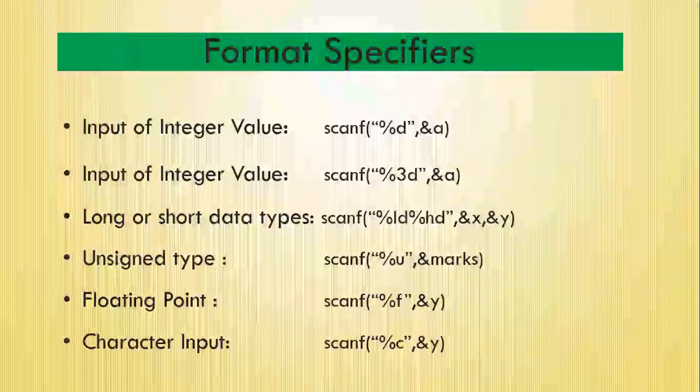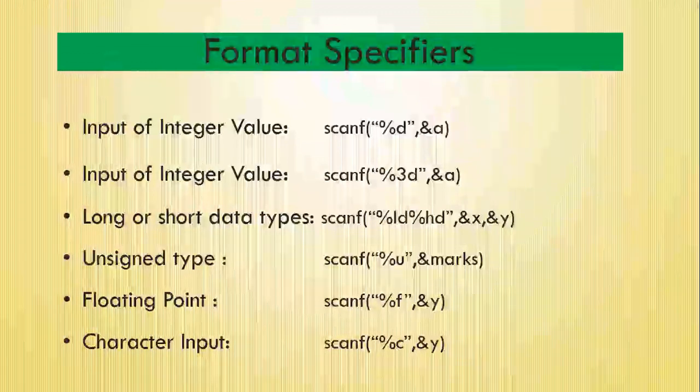If you are reading a 6 digit number, then the digit 6 representing the field width must be inserted between the percent symbol and the conversion character, as in the statement scanf("%6d", &a). If the number to be input is of long or short data type, then the character group should be changed. The character group %d is replaced by %ld and %hd respectively for long and short integers. %ld for long and %hd for short integers.